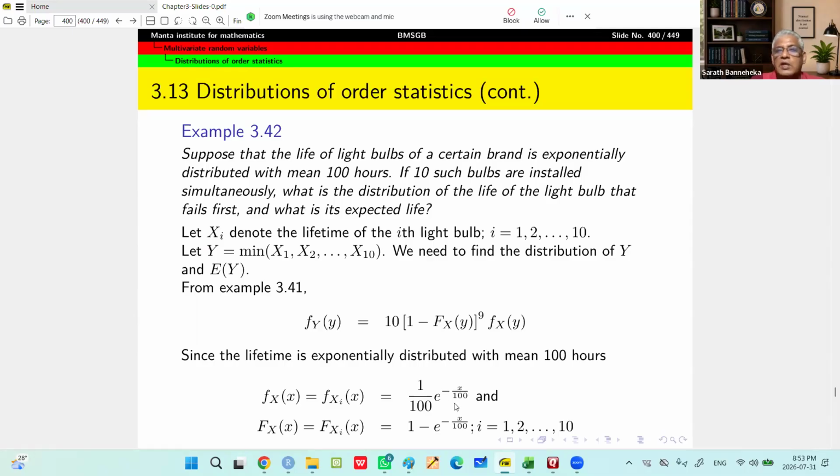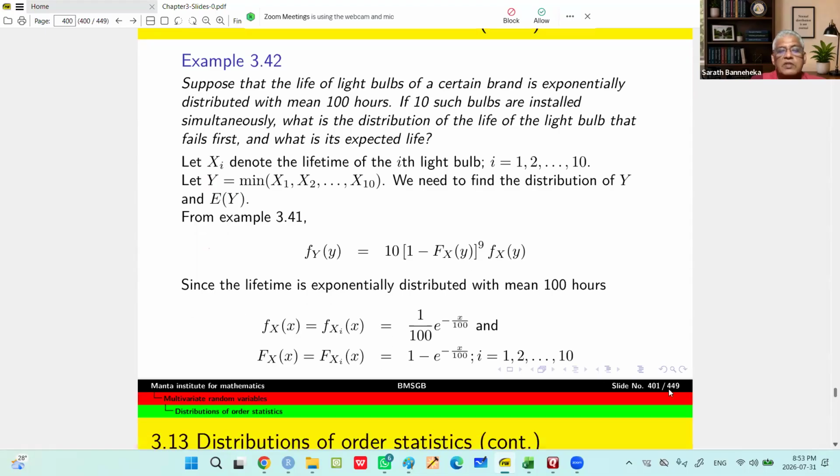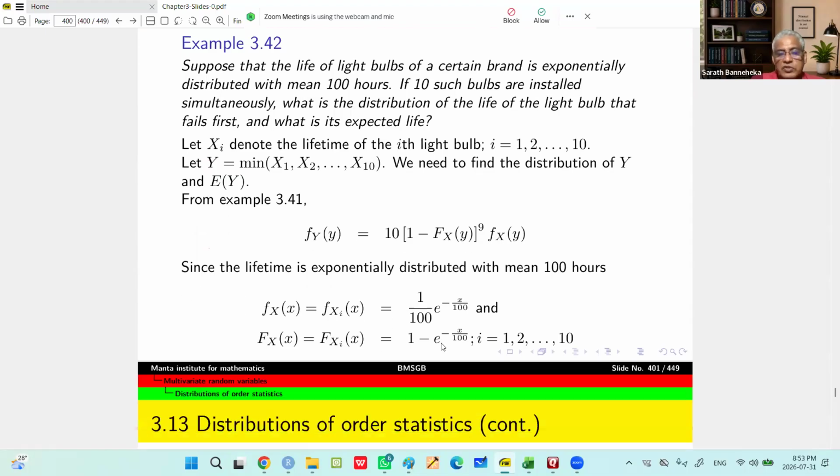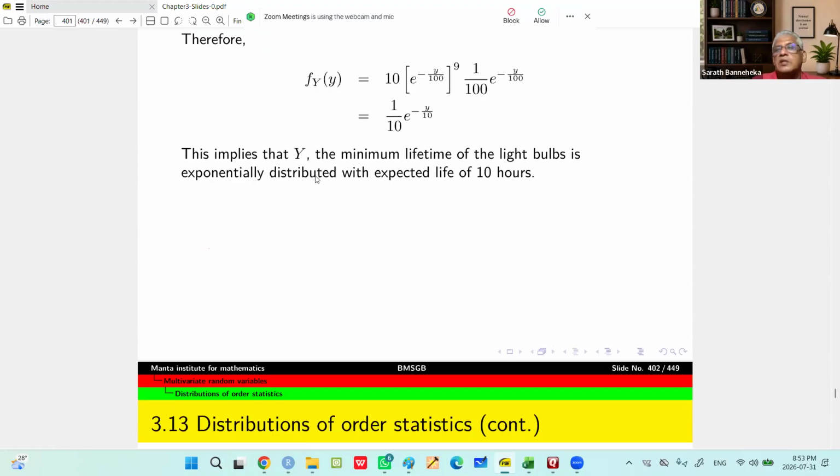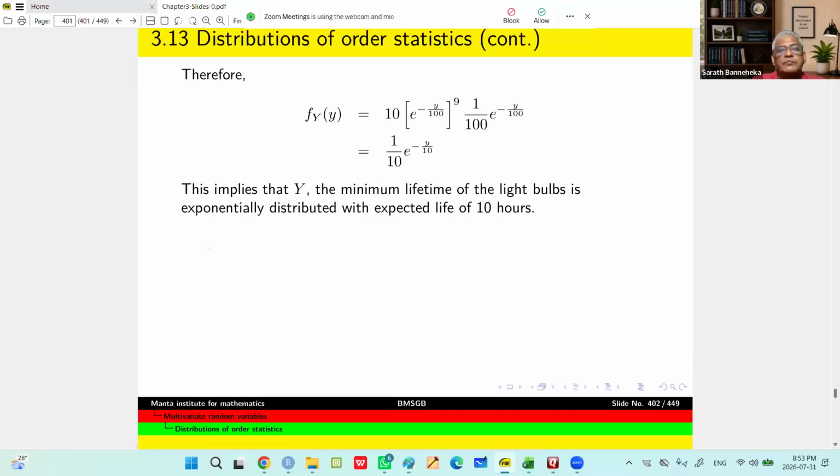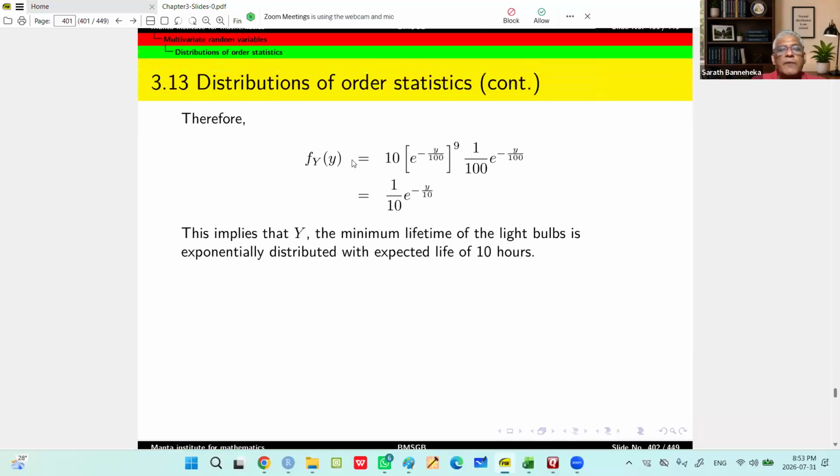That is the exponential density function with mean 100. And from that, we can get the CDF. The CDF is given by this function. So I now know both functions that are required here. When I substitute, I get this expression for the density function of the first order statistic.